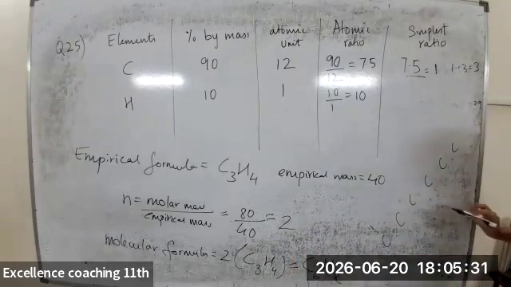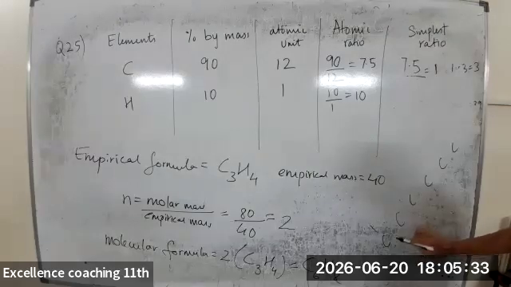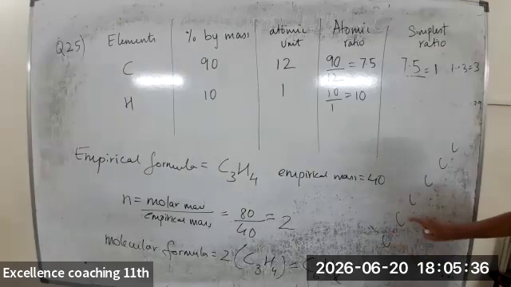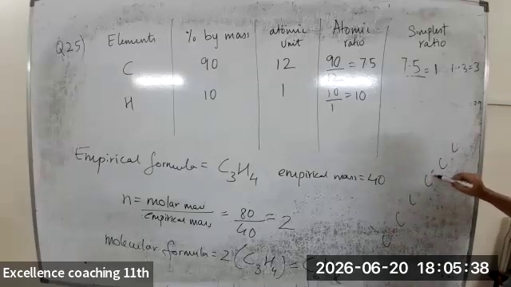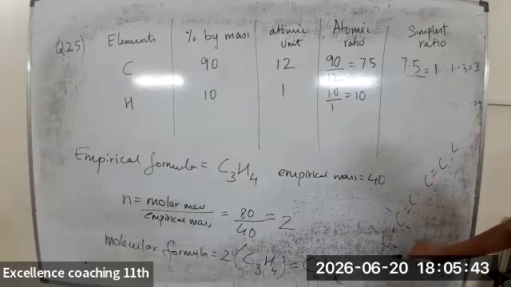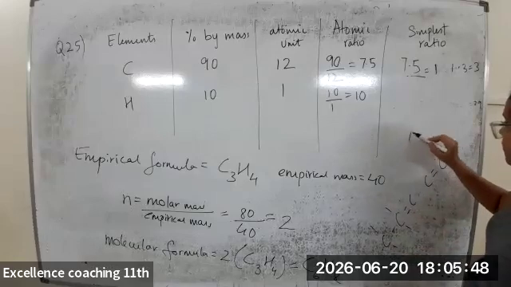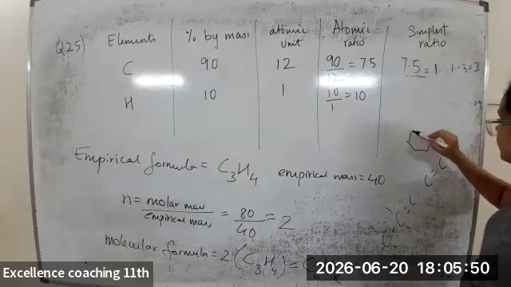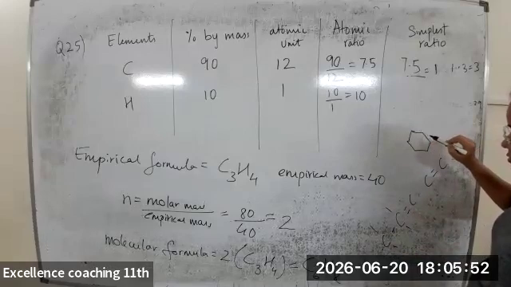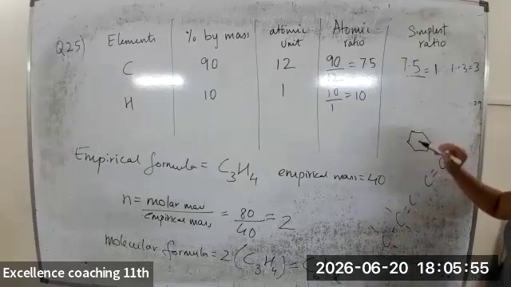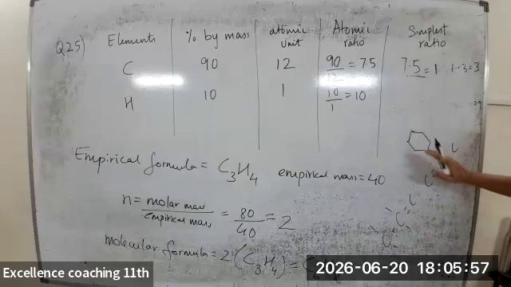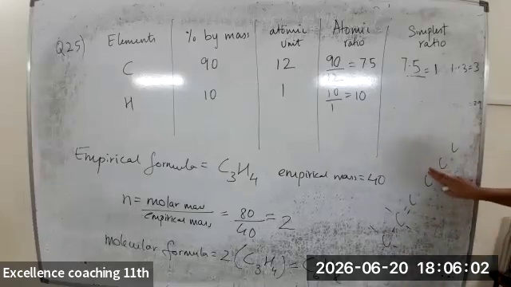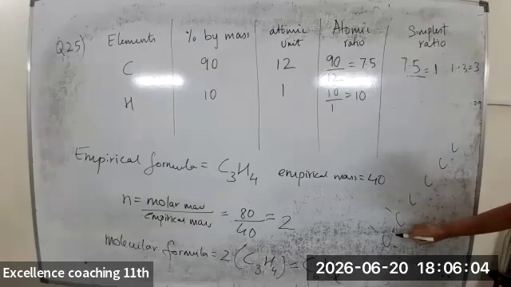That's what I was trying. So you have to balance it with 2. 1, 2, 3, 4. Benzene ring. 8-6.